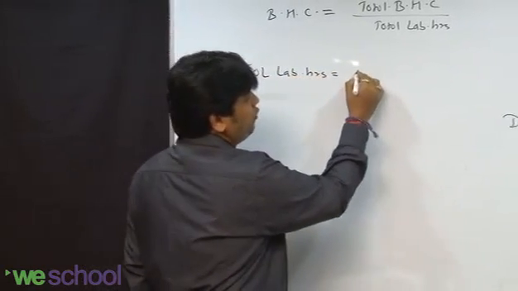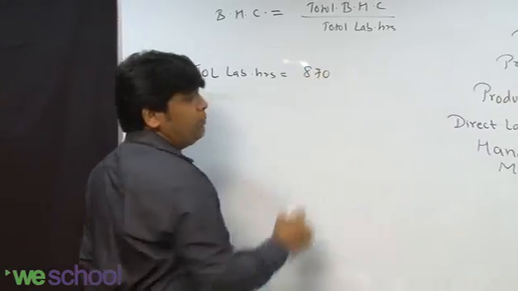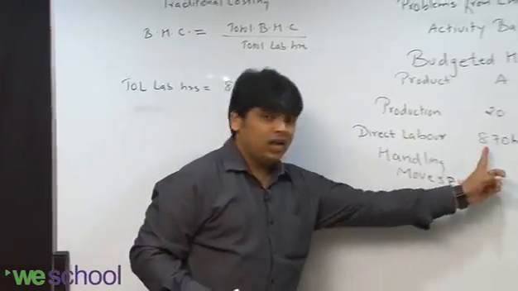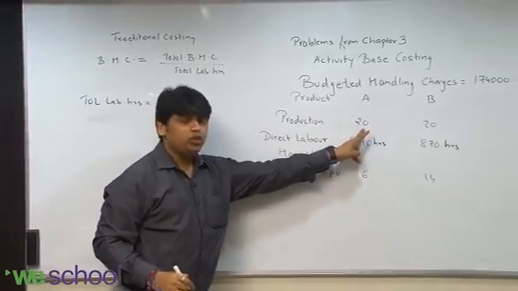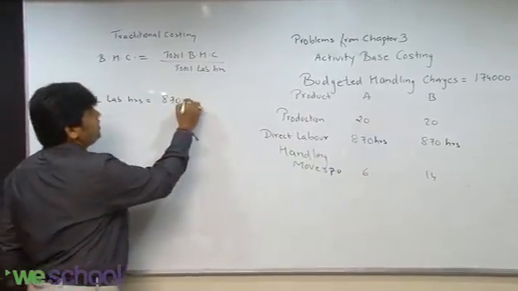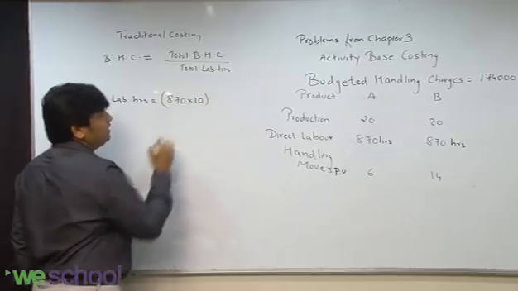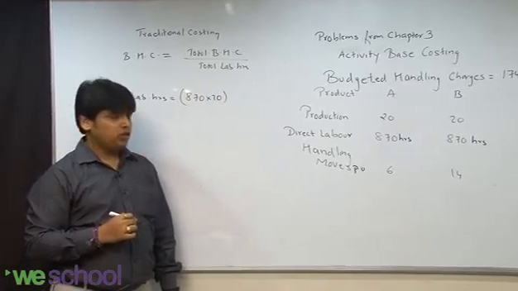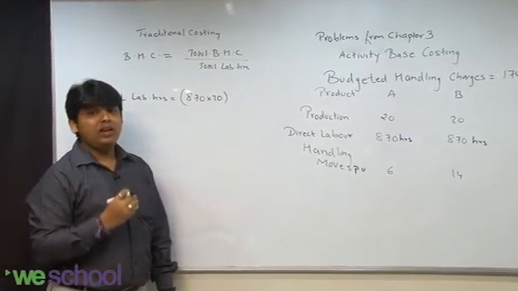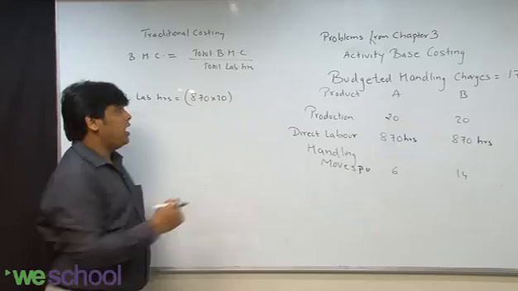For A it is 870 per unit. This is labor hours for 1 unit. How many units have been produced? 20. So 870 into 20 gives you 17,400 hours.